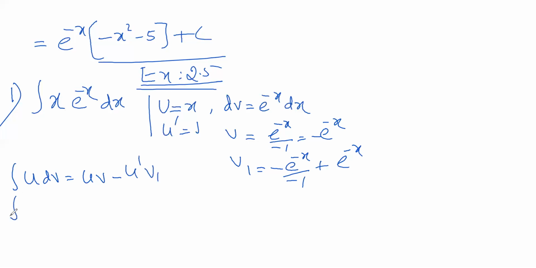So integral u dv, u is x and dv is e power minus x dx, is equal to u x and v minus e power minus x, uv minus u dash. U dash is 1 into v1, is equal to plus e power minus x. Yes, ma? Right. So into v1. v1 is what? E power minus x. Integration over. So plus c.